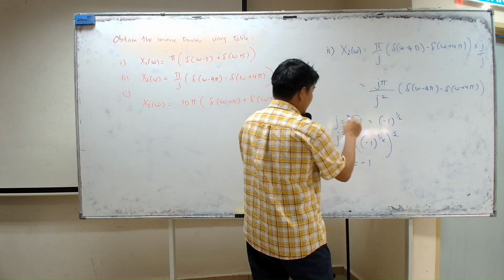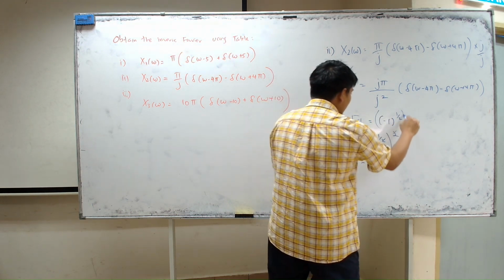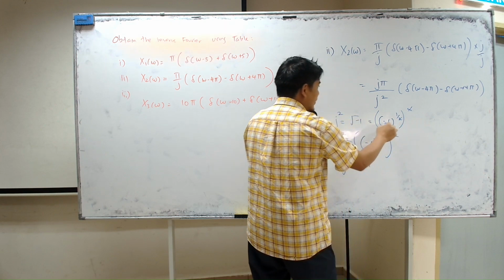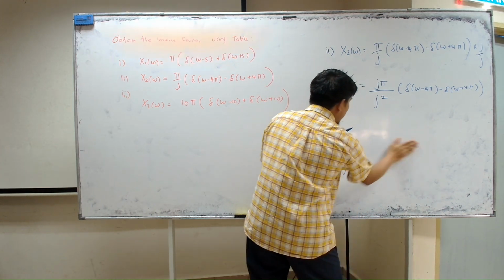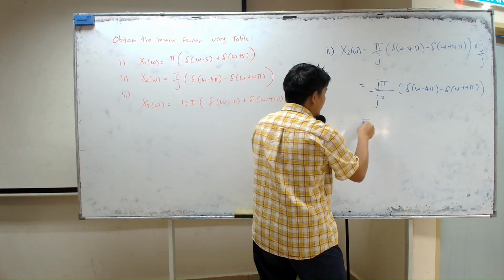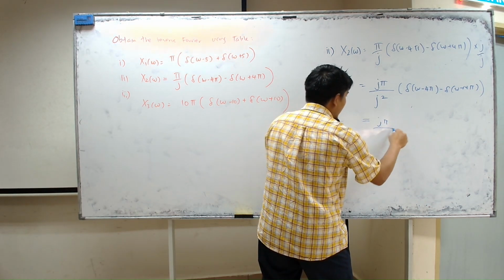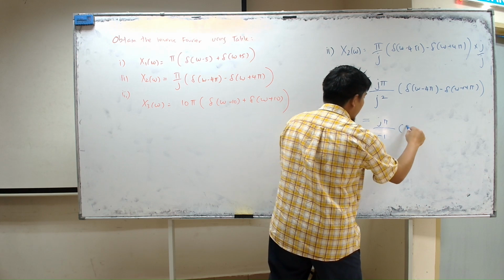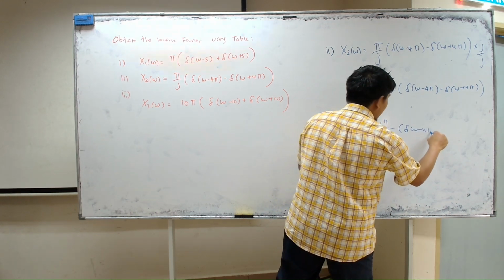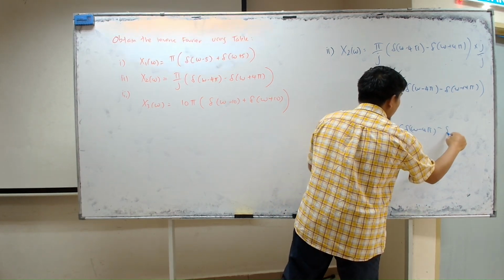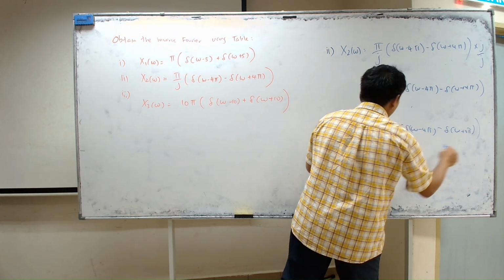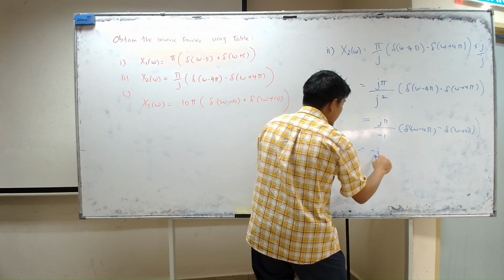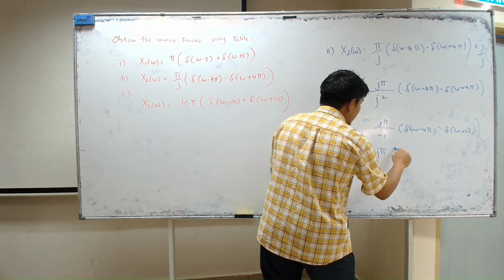This is j, so if j square, you just square it, then negative 1. So if we replace it, j pi over negative 1, finally you get negative j pi.